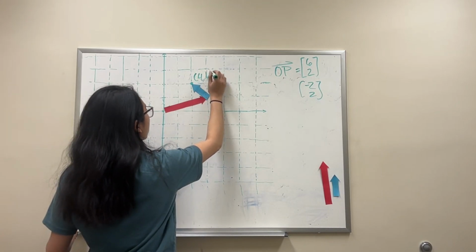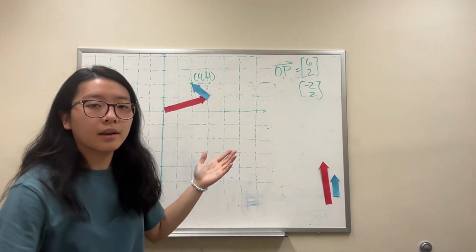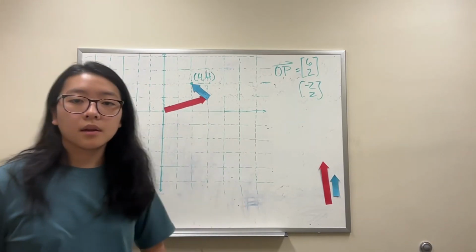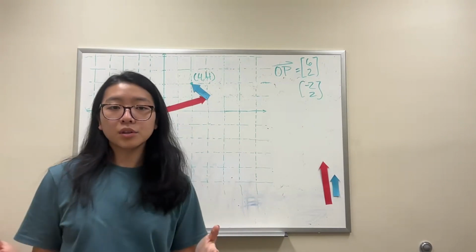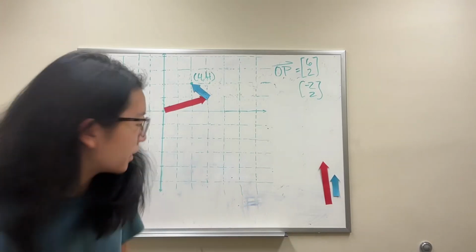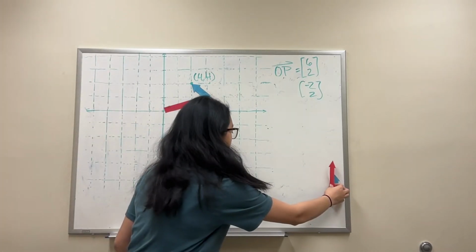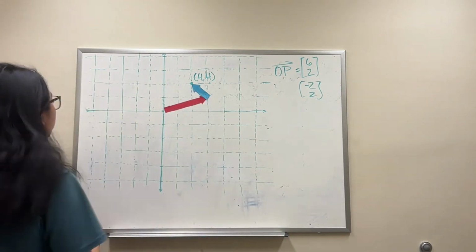and graphically we can see that that is the coordinate 4, 4. So I did the red one first and then added the blue one, but what if I want to do the blue one first and then add the red one? My question for you is, do we have a different combination? Well, let's try and visualize it. I encourage you to try doing this by yourself before watching me do it.